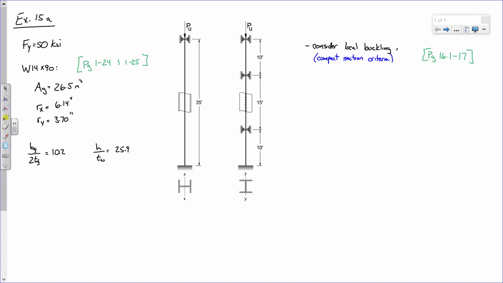Of the unstiffened cases, does everybody see which case we would look at? Case 1, case 2, case 3. There's 4 cases. Which one are we going to look at? Case 1. Case 2 is for built-up sections. We're not looking at that. Case 3 is looking at angles. Case 4 is looking at T's. So we're going to look at case 1.